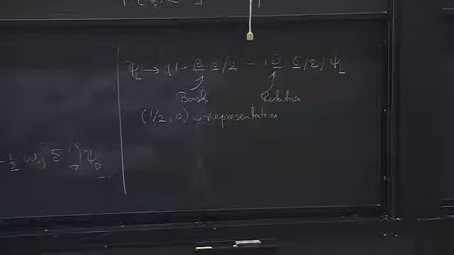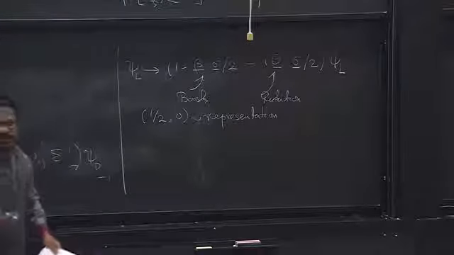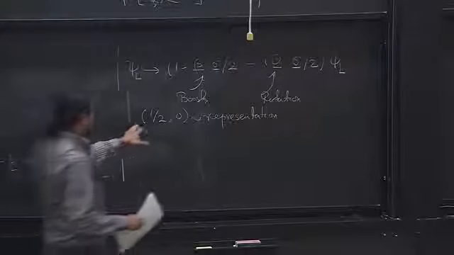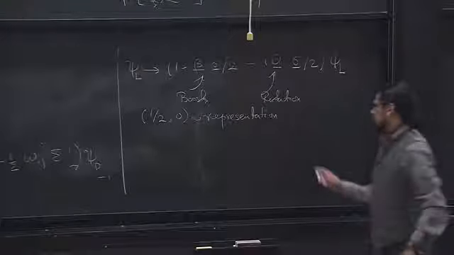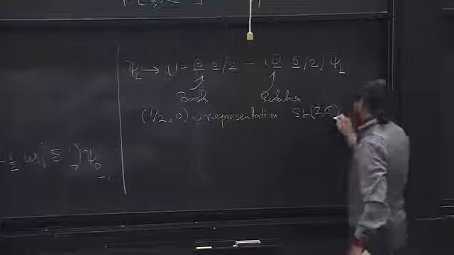When we came here, we implicitly switched to 4 dimensions back again, right? So we are in 4 dimensions. So this is the (1/2, 0) representation of the double cover of the Lorentz group, which you can show is actually SL(2,C).